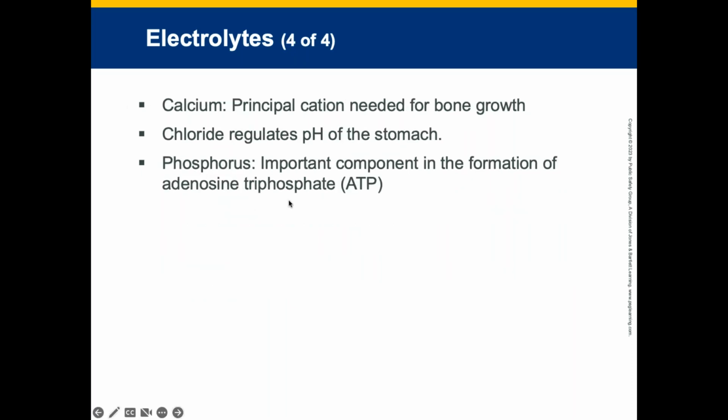Calcium, right, is a principal cation needed for bone growth and the functioning of heart muscles, nerves, cell membranes, and blood clotting, right? So if a patient has hypocalcemia or low calcium, this can result in overstimulation of the nerve cells, resulting in the following: skeletal muscle cramps, abdominal cramps, carpopedal spasms in the hand and feet, hypotension, and vasoconstriction.